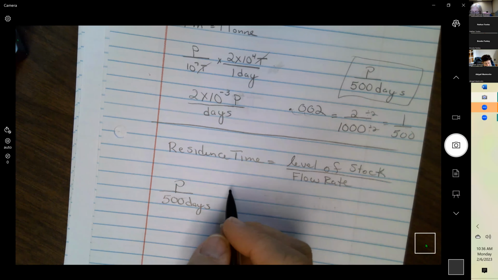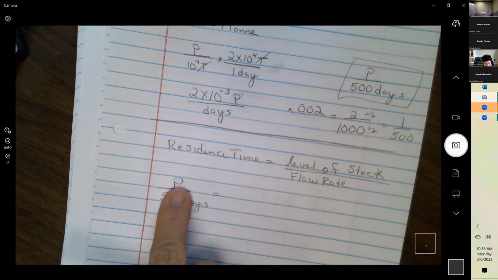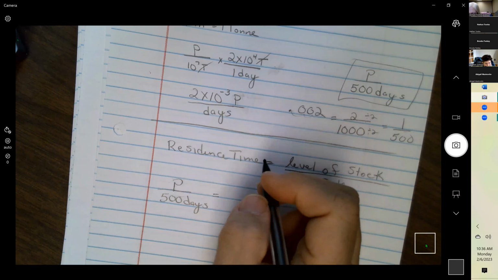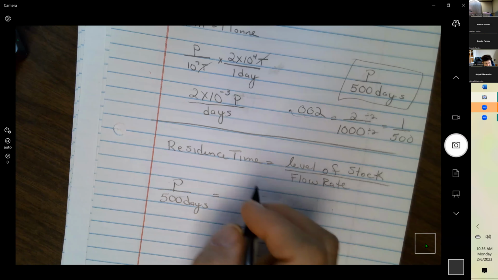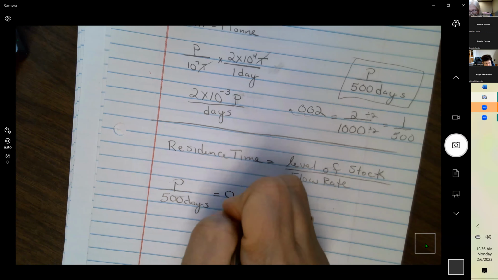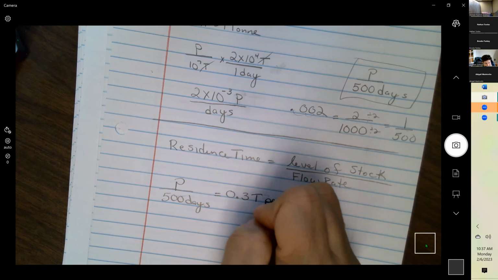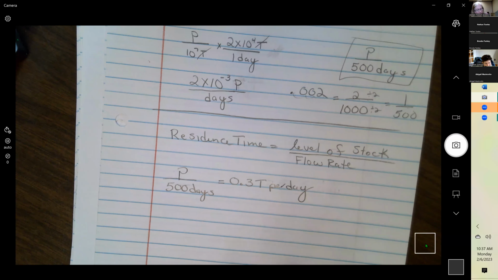They wanted us to find P. So we know that it leaves the lake in 500 days. But we also know it's going in at a rate of 0.3 tons per day, because they told us that.